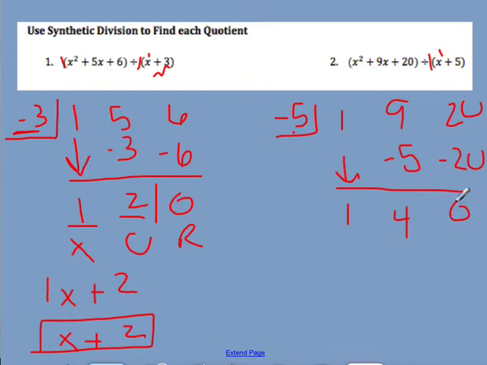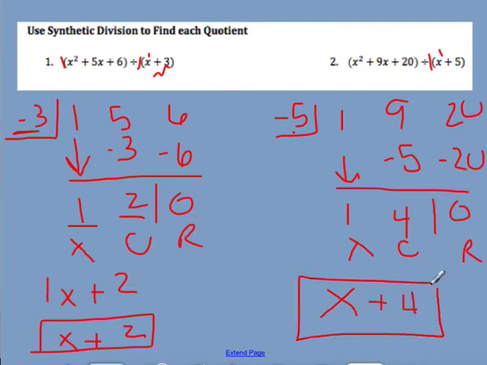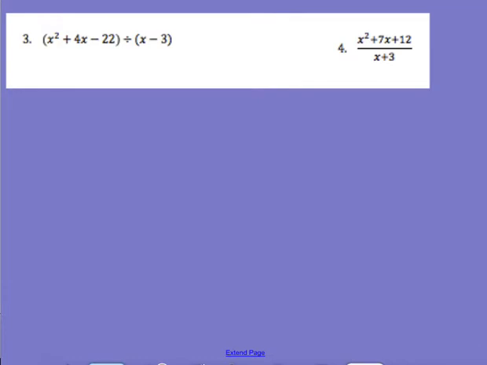And then add down the columns and you get 0. So my remainder is 0, my constant is here, and my x term is here. Remember that we don't have to write out 1x, so I'm just going to write that as x plus 4. So when you divide that polynomial by x plus 5, you end up getting x plus 4. And that's it.